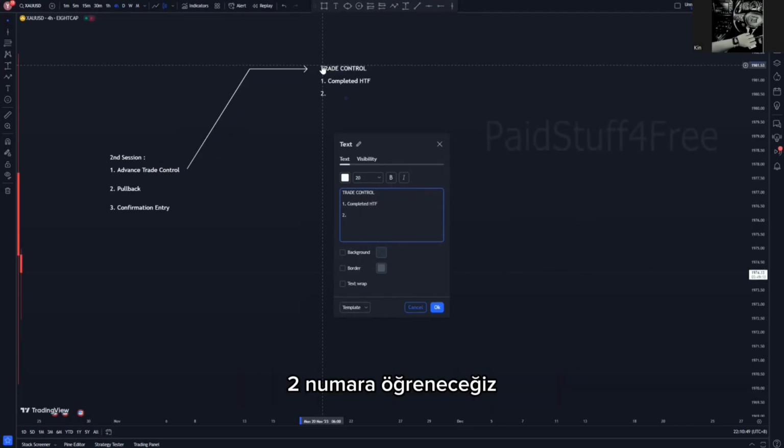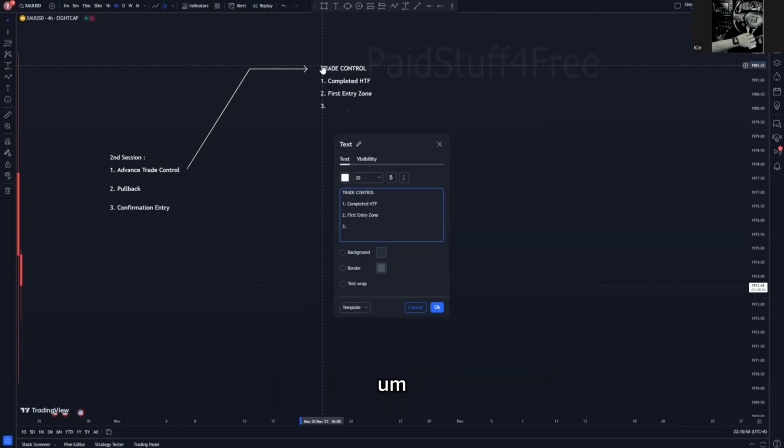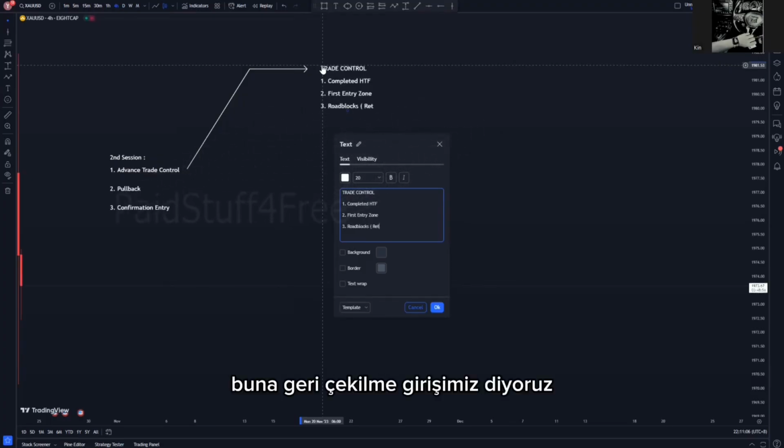Number 2, first entry zone. And number 3, roadblocks, which we call our retracement entry.